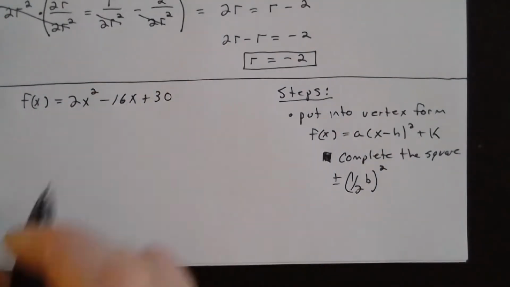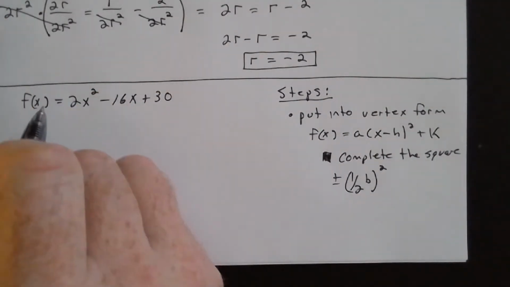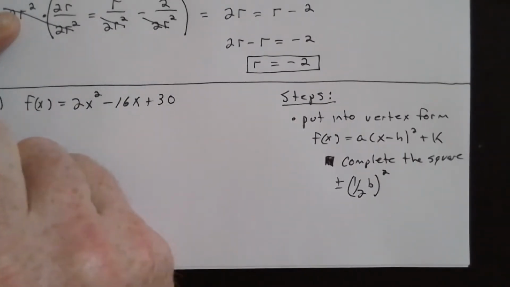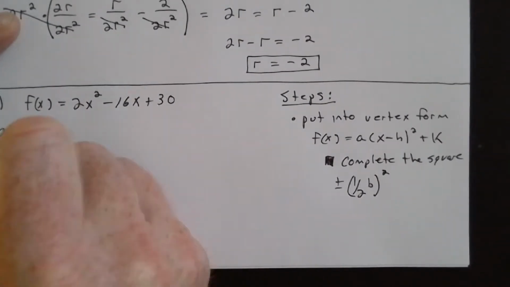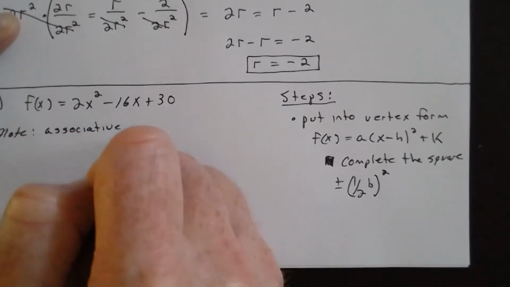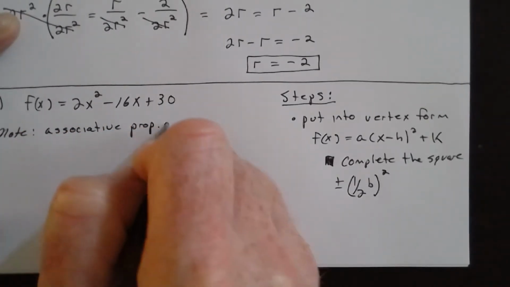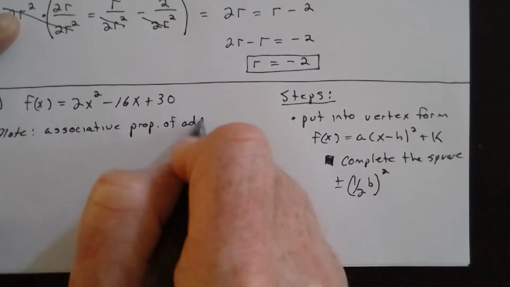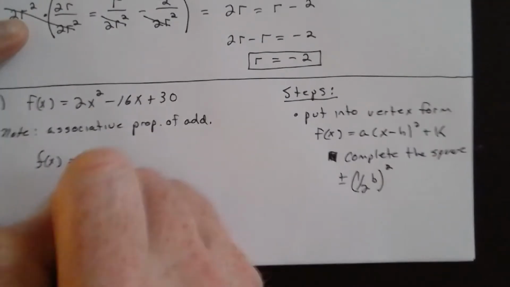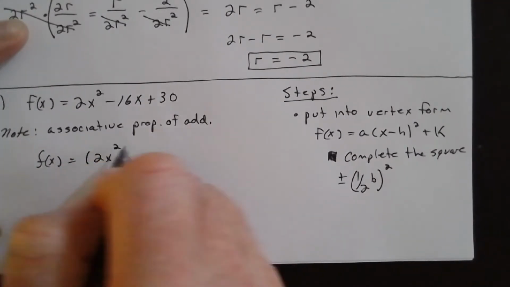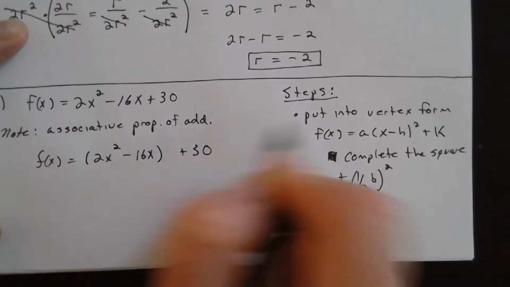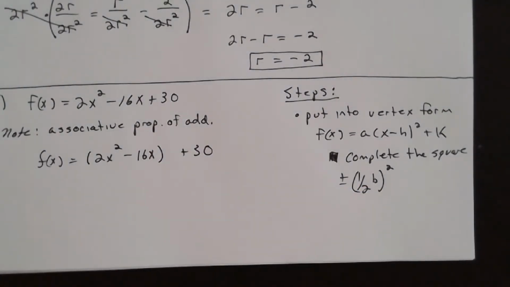The first step is to use our associative property of addition to associate together the first two terms.